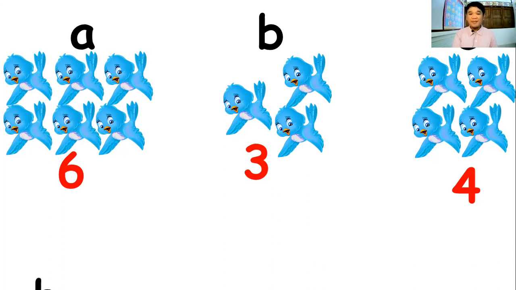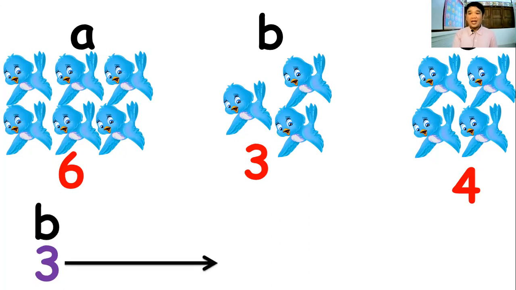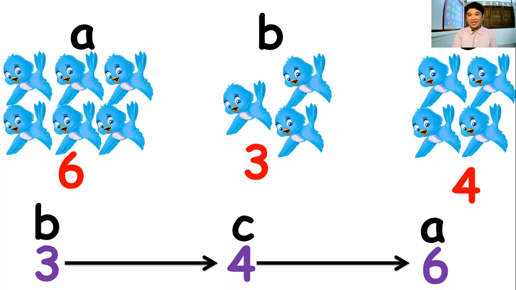So the answer must be letter B. First is letter B as the smallest. Next is letter C, which is 4. And the greatest number is letter A, which has 6 birds.